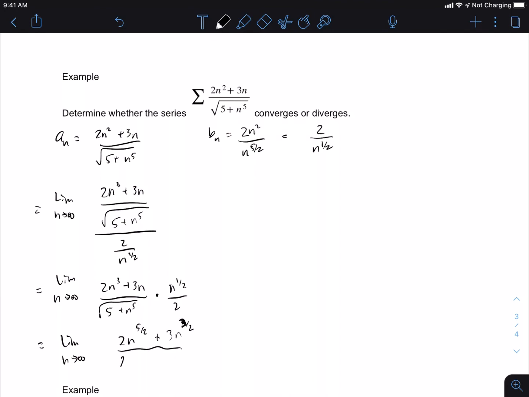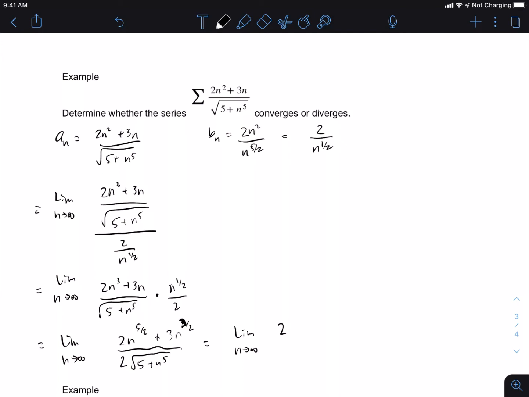Over 2 root 5 plus n to the 5th. And that, as we apply, is going to be the limit as n goes to infinity. And now what I'm going to do is divide by n to the 5/2, right?